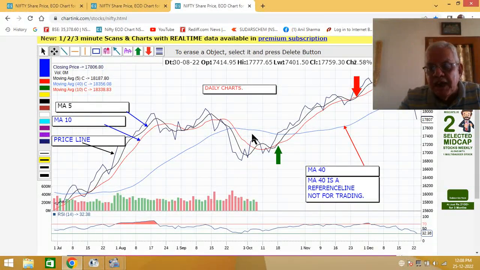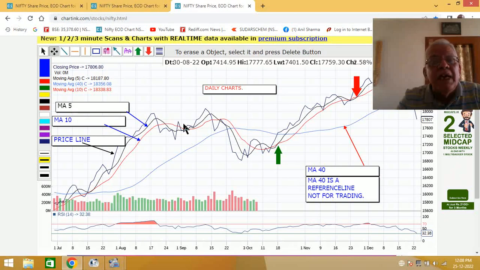It has become flat, and you see the price below the moving average of 40 is down. All the price, everything is down. Again it has picked up here, and see it is going. So moving average of 40 is only the X factor here, the reference line.